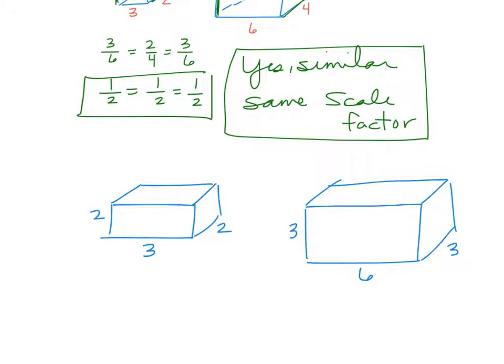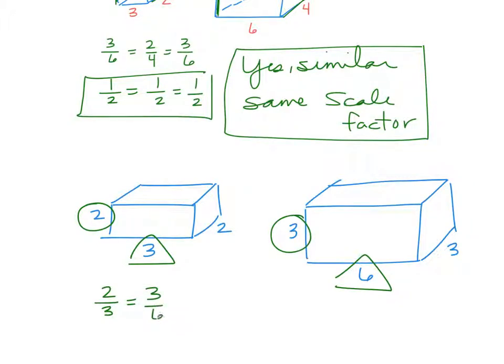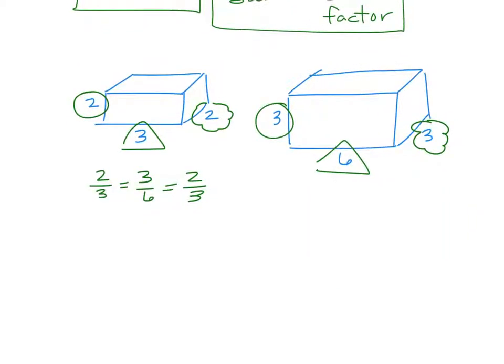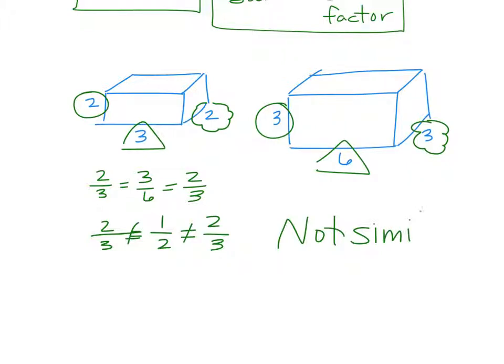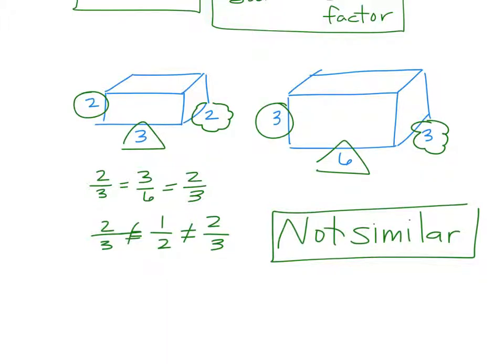What are your scale factors? 2 to 3, 3 to 6, and 2 to 3 again. If you simplify that, 2 to 3 does not equal 1 to 2. So the question, are they similar? We would say these are not similar because they don't have the same scale factor. Okay? Questions on that?